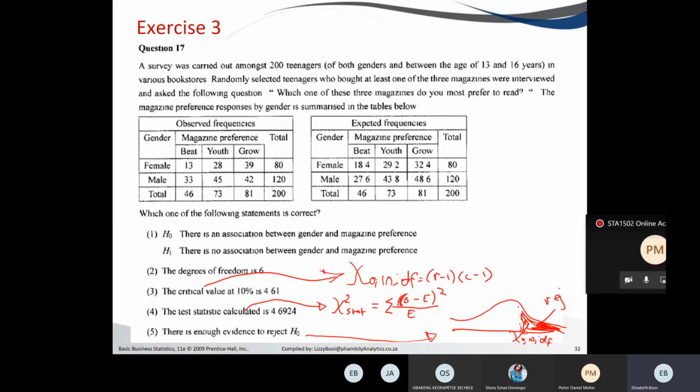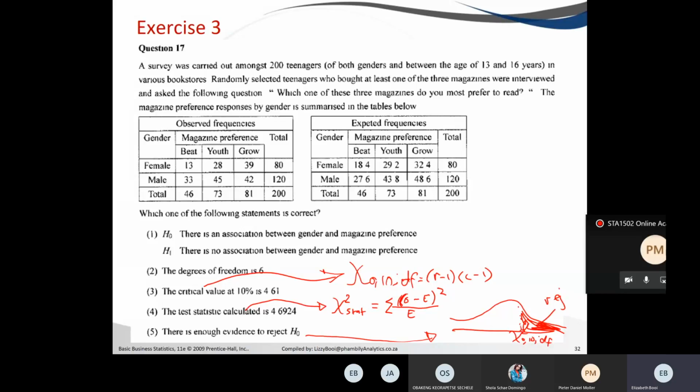Okay, so were you able to find the answer? So the test statistic, you calculated it. And I'm going to go through your answers as you gave me.